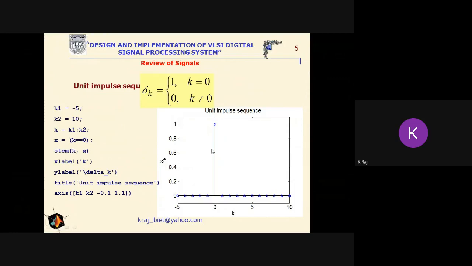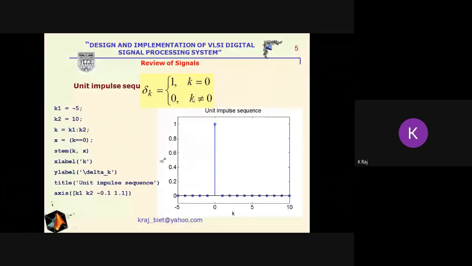But in the case of the unit impulse sequence, this value is finite: it exists for k equal to 0 and it is equal to 1, and it doesn't exist for any other values of k. So in order to generate this unit impulse sequence, again we have to define the k.